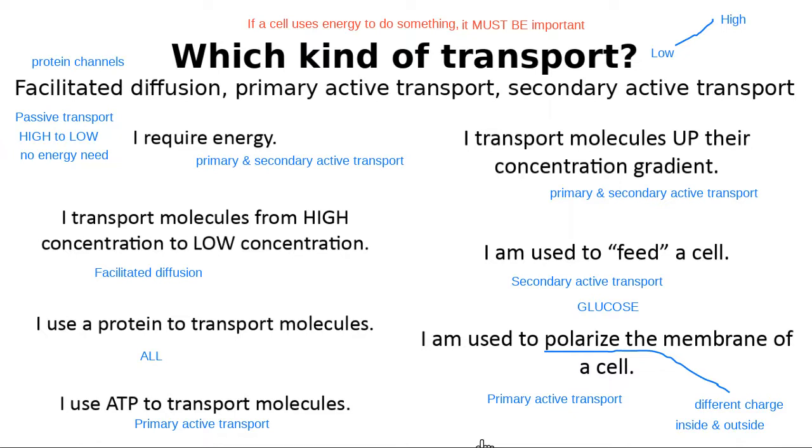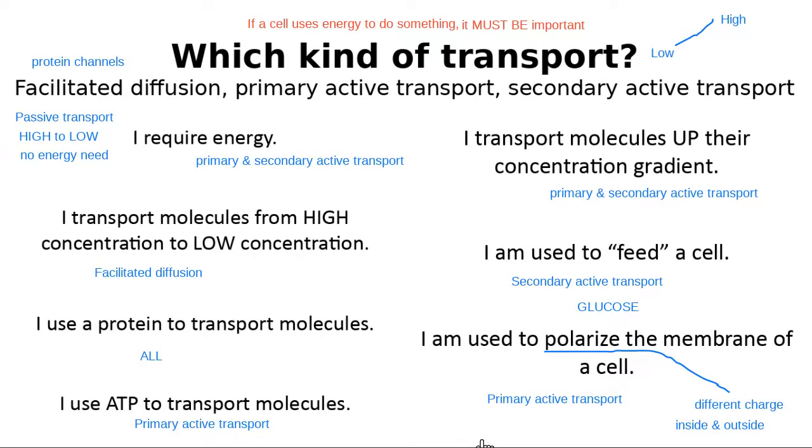Absolutely. Okay, so when we go from polarization, which is a negative 70, to depolarization, what are we using? That's a good tie-in, and let me see if the class can help us out with that. When we go from negative 70 up to positive 30, does anyone know what kind of transport we used to do that? Can we make that connection?